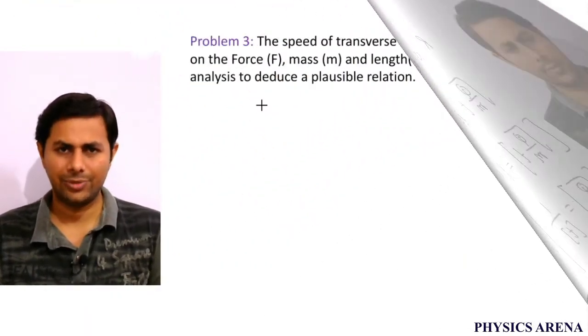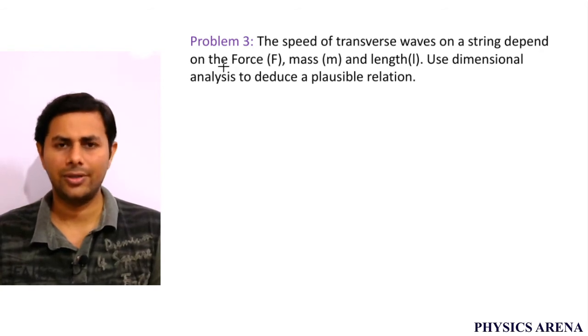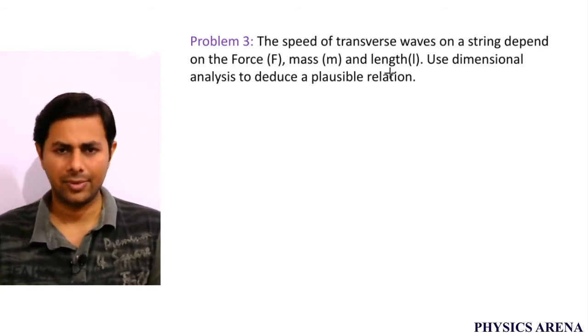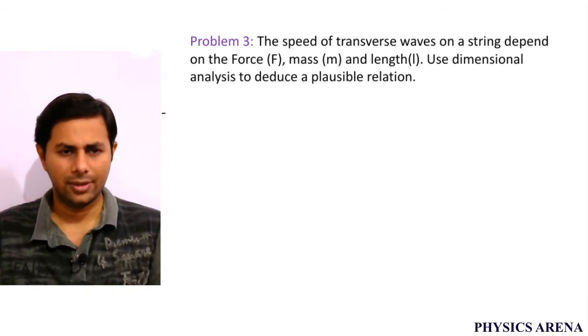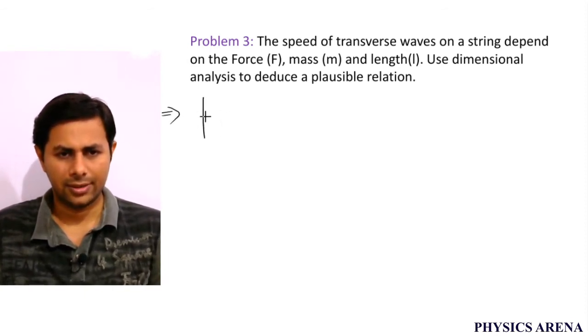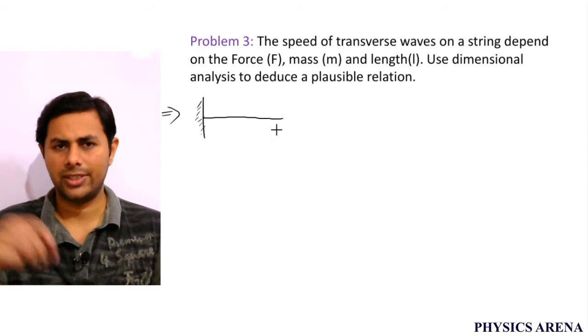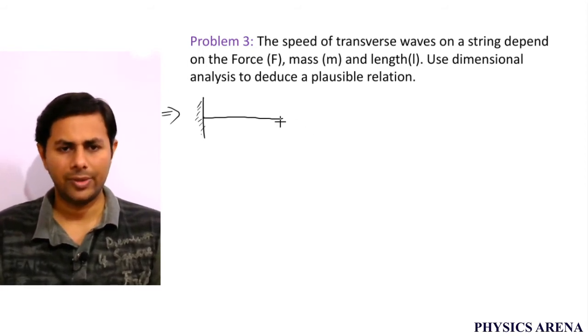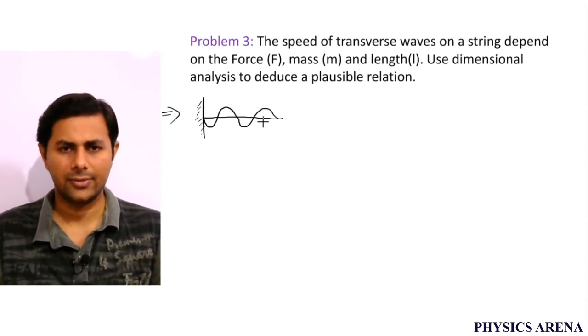Okay, then the next problem is: the speed of transverse waves on a string depends on the force F, mass m and length L. Use dimensional analysis to deduce a plausible relation. So if we consider a string tied to a rigid support, and if we give a jerk to the string, what happens is waves are set on the string.